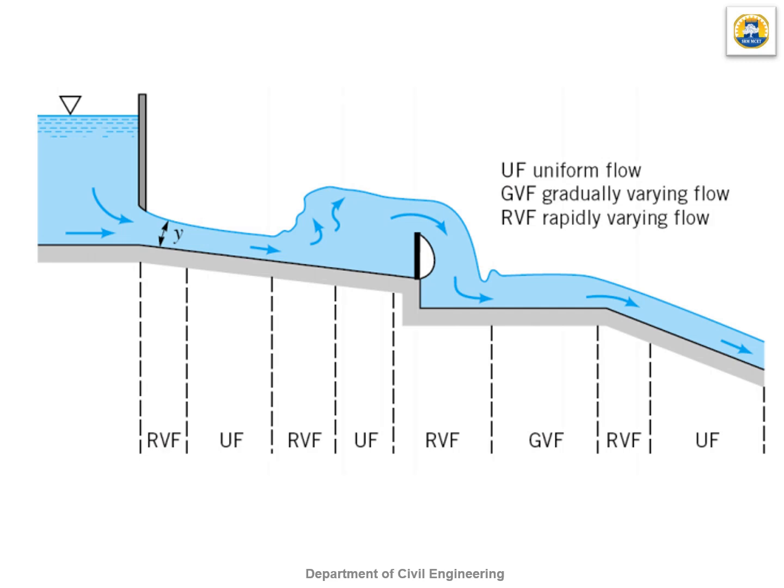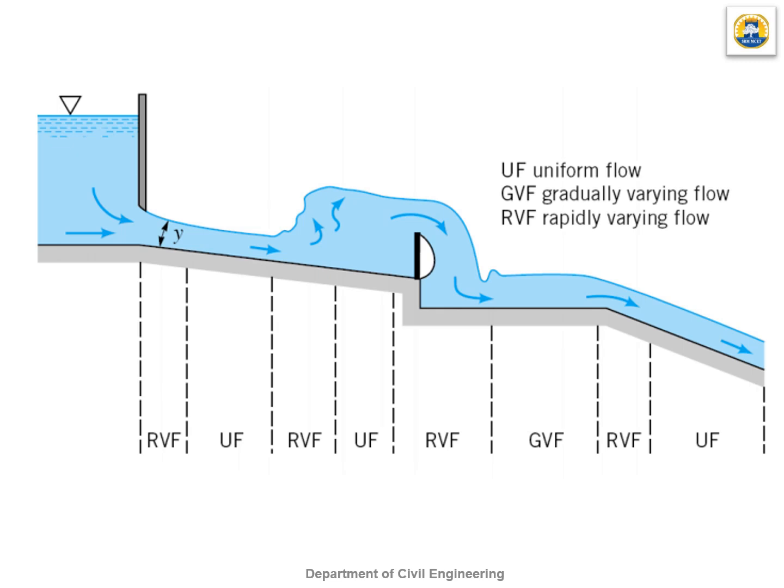This picture describes the classification of uniform flow, gradually varied flow and rapidly varied flow occurring along the length of the channel. When there is a sudden flow of water from a tank, the flow undergoes different variations through its course.